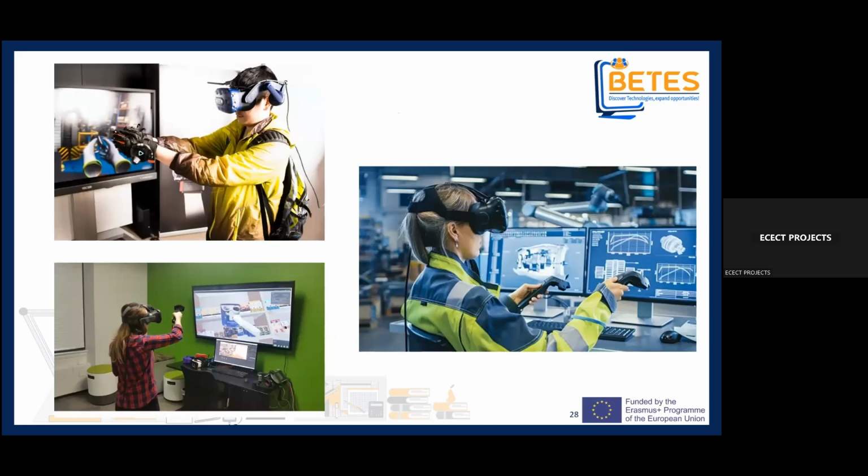Here are more examples. There we have mechanical, industrial. It's a simulation to do maybe a service or something like that. Here is entertainment, and here is again simulation. At the top left, we see that he's wearing gloves with haptic feedback.